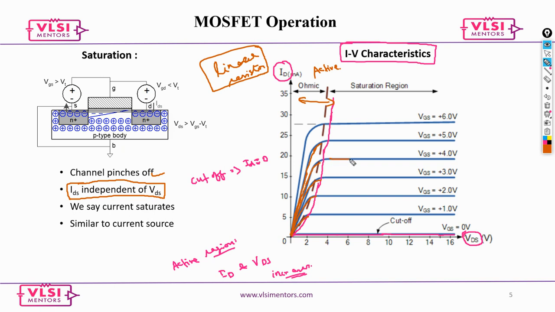Even if your VDS is increasing from 4 volts to whatever the value is, your ID becomes constant. This is the drain current in saturation, and that is the reason we say this is the saturation region.